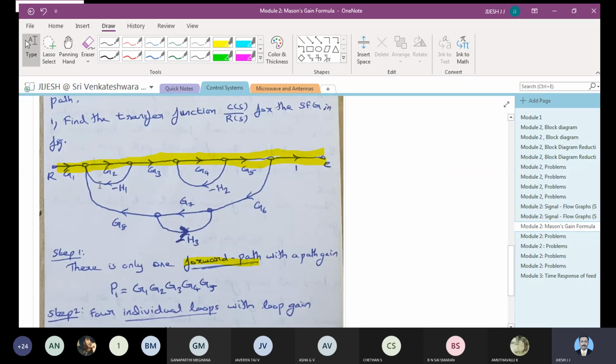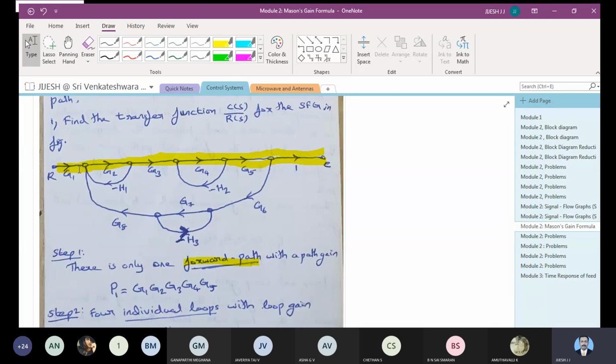Once we leave a place, it's like you are traveling from Majestic to our college. If you leave Yelahanka, you are not supposed to come back to Yelahanka again and then go to your college. That should not be there. Once you leave the place, you should move forward.